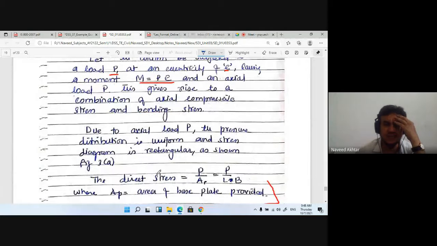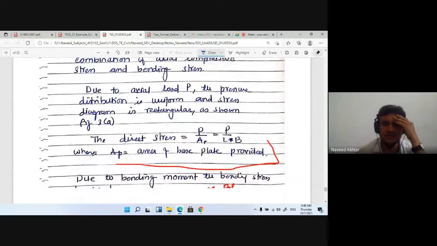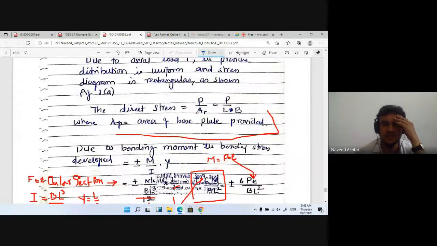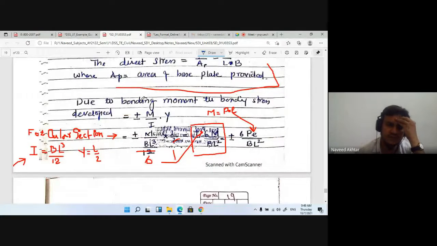The stress diagram is a rectangle shown in figure A. The direct stress is P upon LB in case of axial load. But due to bending moment, the bending stress develops, plus minus M upon I into Y. So this bending stress will be developed. Okay, so you can put this value for the rectangular section, plus minus M upon BL cube by 12, into L by 2.